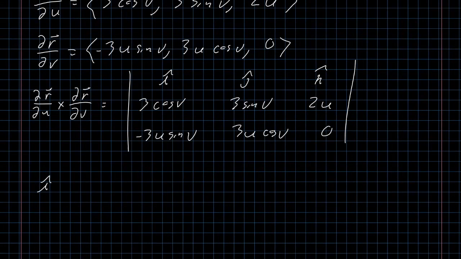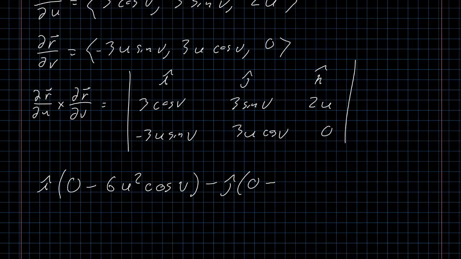In the i direction, we'll have 3 sine v times 0, which is 0, minus 3u cosine v times 2u, which is 6u squared cosine v. In the j direction, we'll have 3 cosine v times 0, which is 0, minus negative 3u sine v times 2u, which is going to be plus 6u squared sine v.